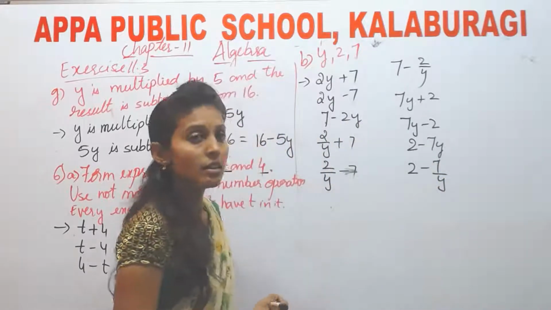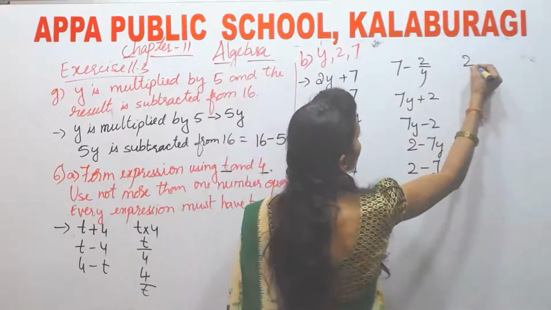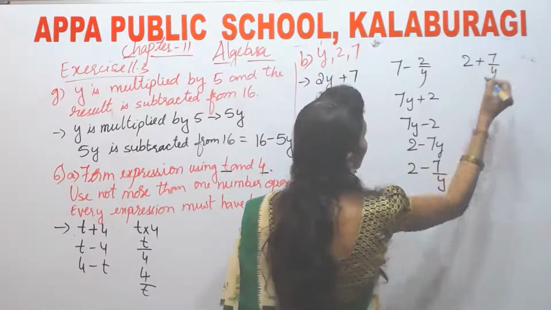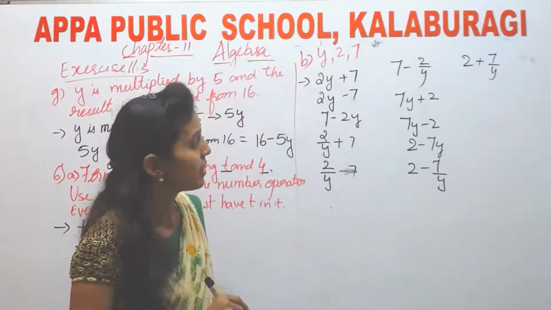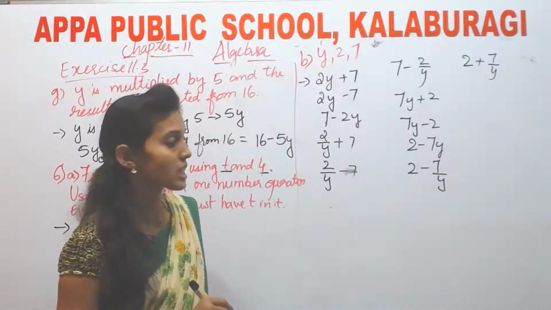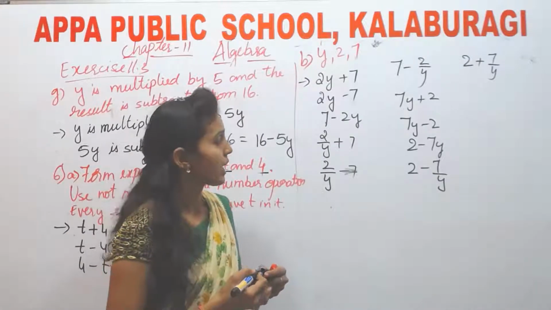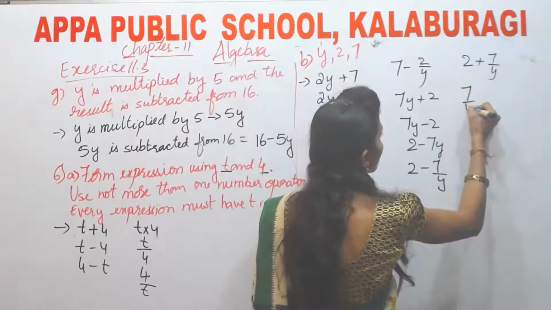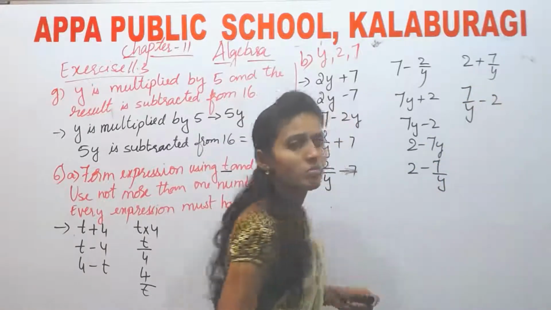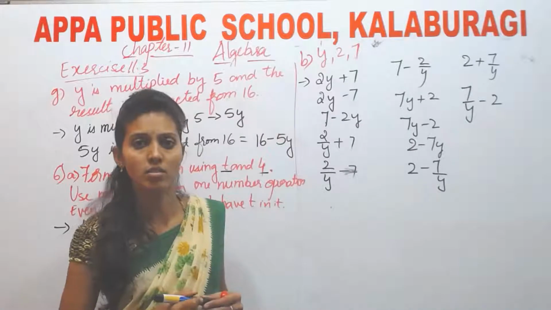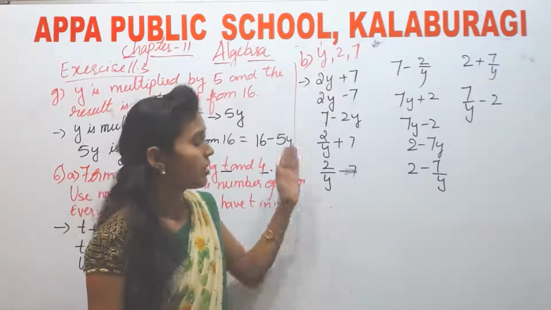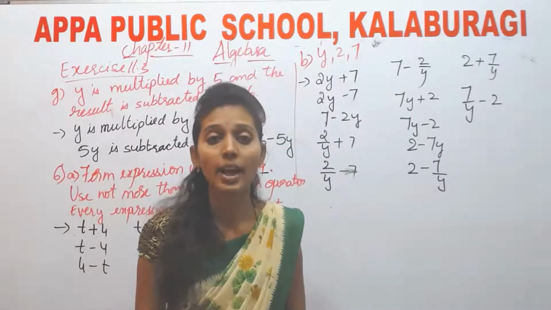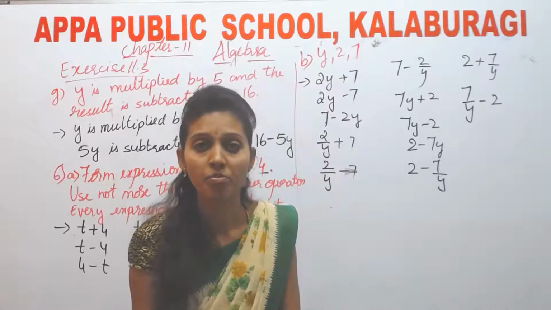Subtraction and division. 2 plus 7 by y. Addition and division. Right? Like that we can. Even we can change it. 7 by y minus 2. Division and subtraction. Right? How many? You can do it. Fine?